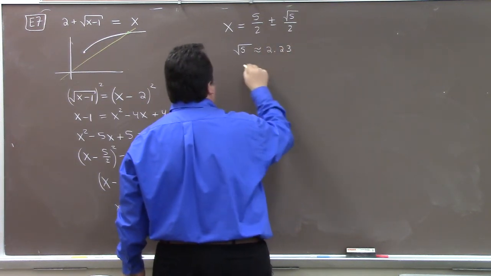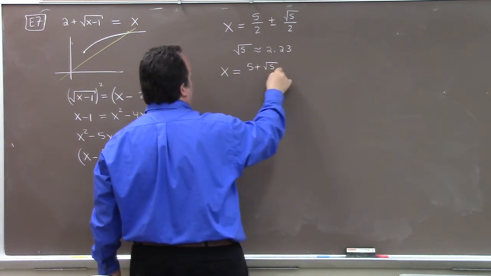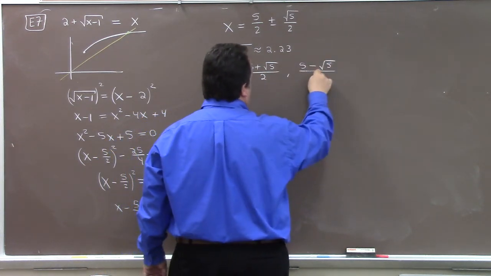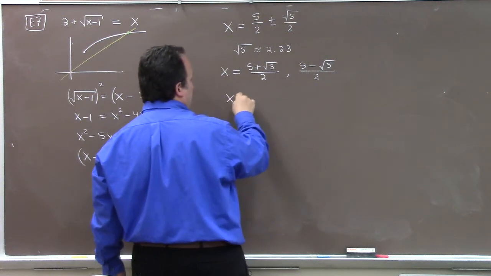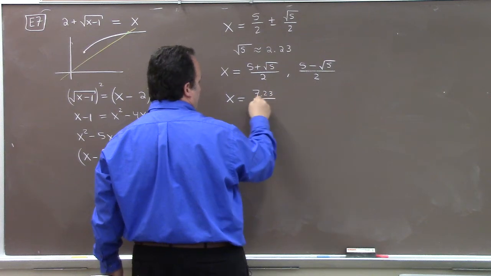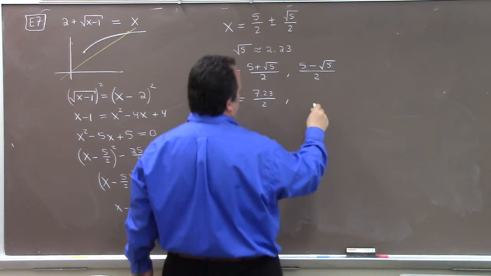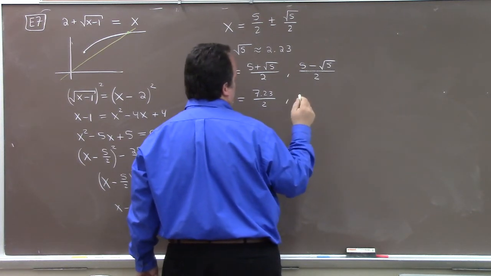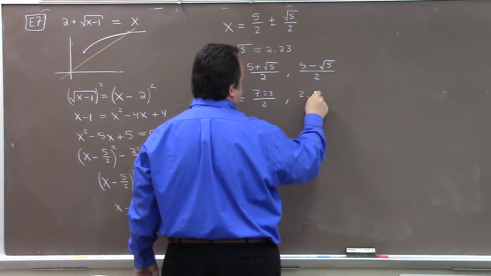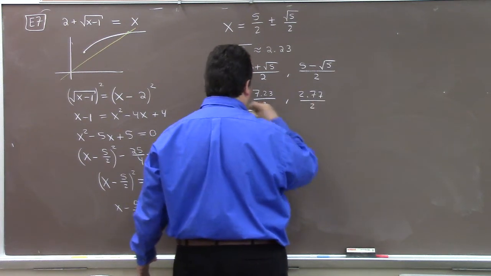So we have x is equal to 5 plus the square root of 5 over 2, or 5 minus the square root of 5 over 2, right? This is x equals 5 plus, so about 7.23, right? Or, well, let's see here. 5 minus 2.77 over 2, right?